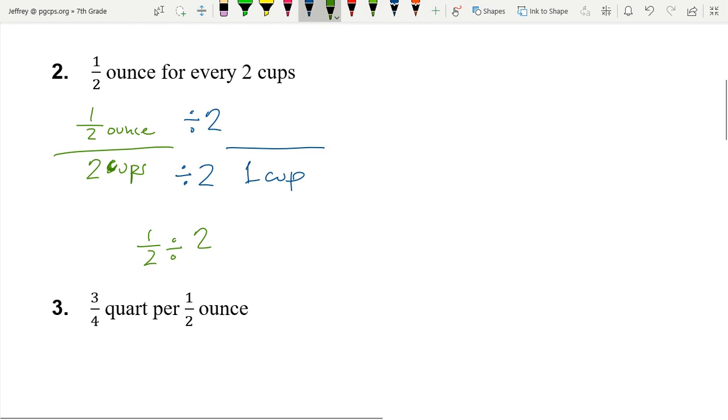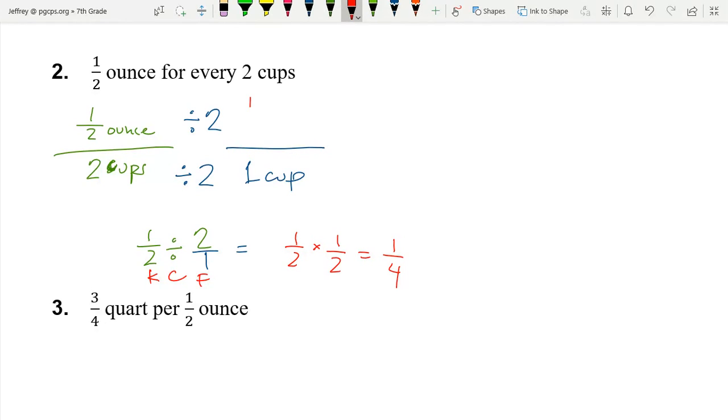Now remember, if it's a whole number, it has a denominator of 1. So that means that we need to keep, change, and flip. Multiply by its reciprocal. So this becomes 1/2 times 1 over 2. And that should give us 1/4. So this becomes 1/4 ounce.